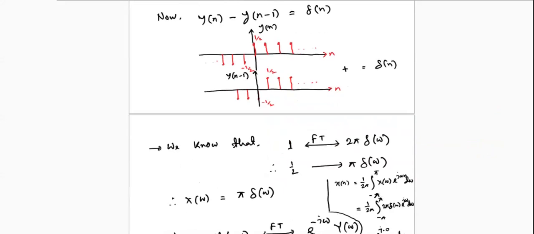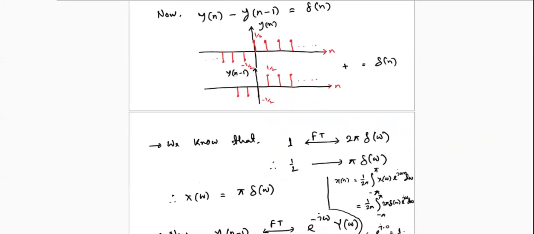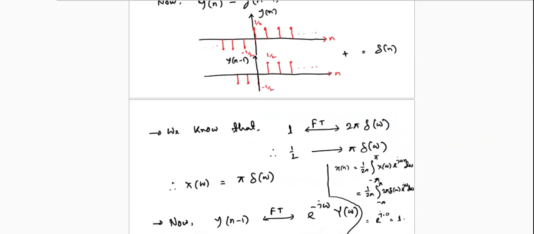This is the part you need to consider at this moment. We can also prove that if you do the Fourier transform of 1, it will give twice pi into a delta function. In that way, we can also show that for a half, it will be pi multiplied with the delta function, delta omega.